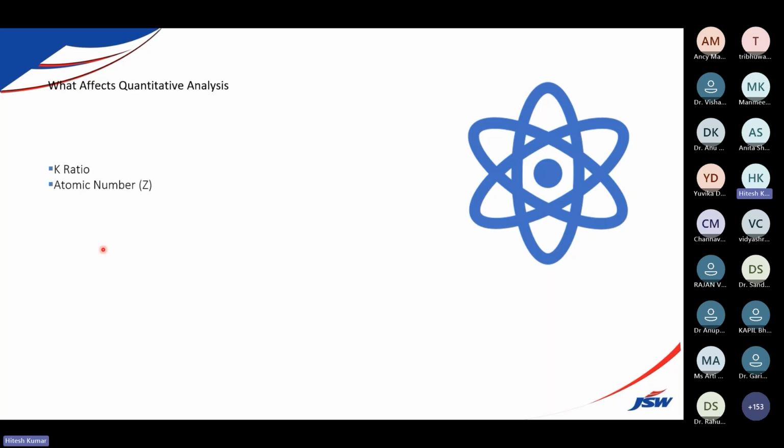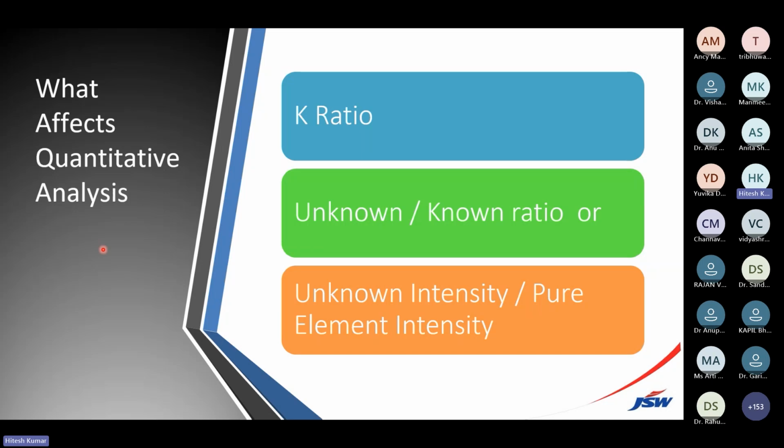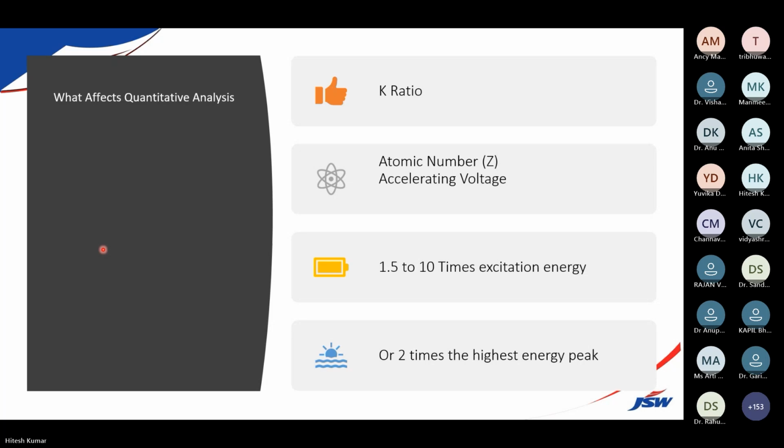So these are what affect quantitative analysis: K ratio, atomic number, accelerating voltage, absorption, fluorescence, atomic matrix. These are the different parameters which are affected during your interaction volume.